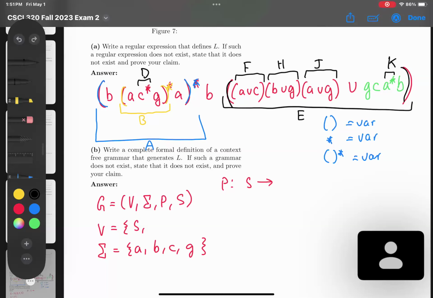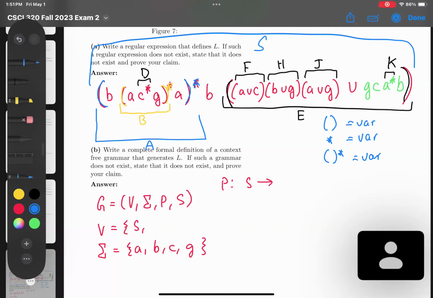All right. And then from there, it's pretty straightforward what you have to do. S is everything. So then you ask yourself, well, what is everything? S is always or usually a concatenation of variables, or it's going to be a union of variables.